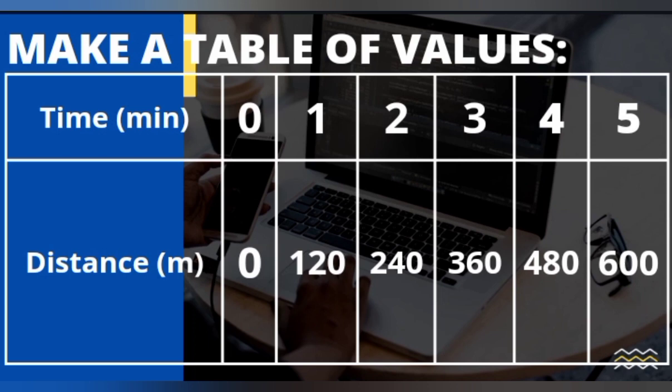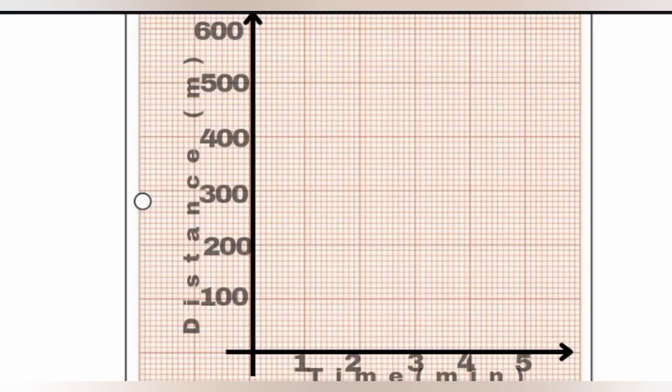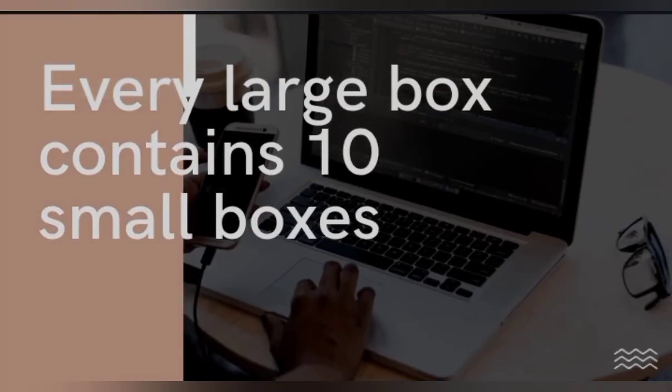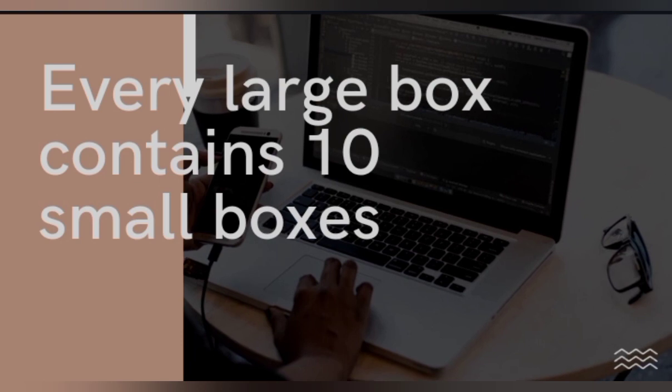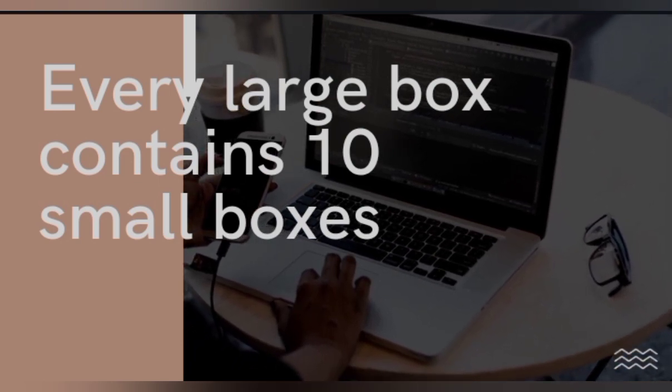Just like we did in the previous class, where we looked at coordinates of points. So if we do that on this graph, but before then, it's important for me to let you know that every large box on the graph contains 10 smaller boxes.